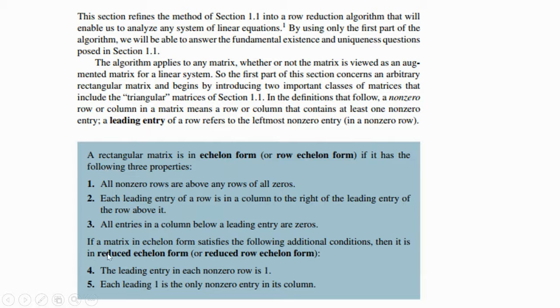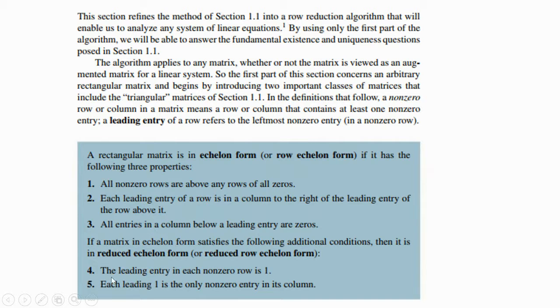Now, I'm never going to ask you to recite this definition, but often the directions in an algorithm will say, first put it in row echelon form, so you do want to know what this means. If a matrix is in echelon form and it satisfies two additional conditions, then it is in what is called reduced row echelon form.